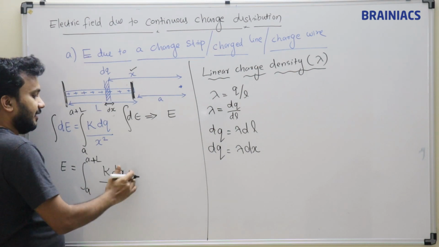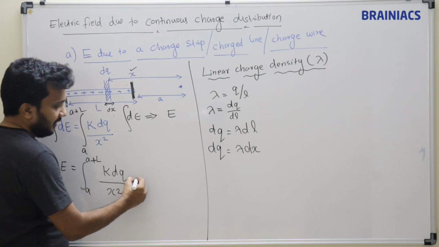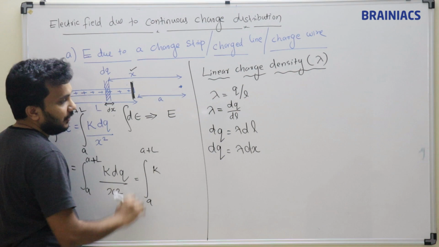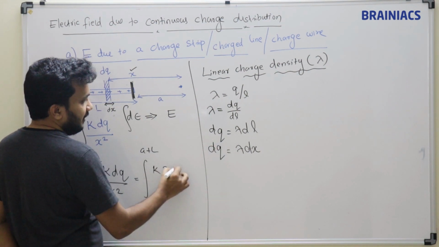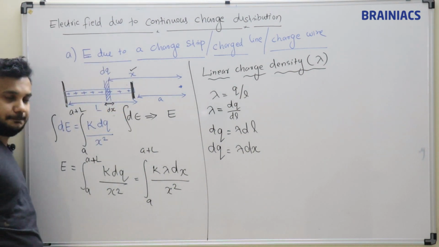Now we are integrating this part and we are substituting. So the integral from a to a plus l of k into dq, where we substitute lambda into dx, whole divided by x square.